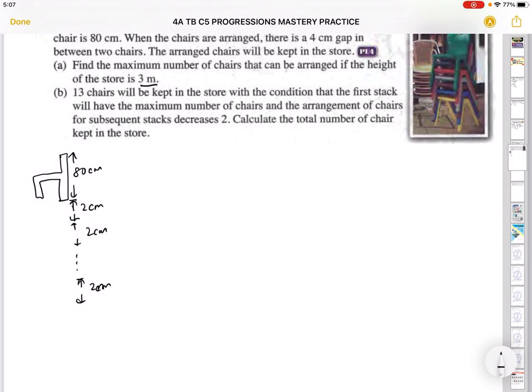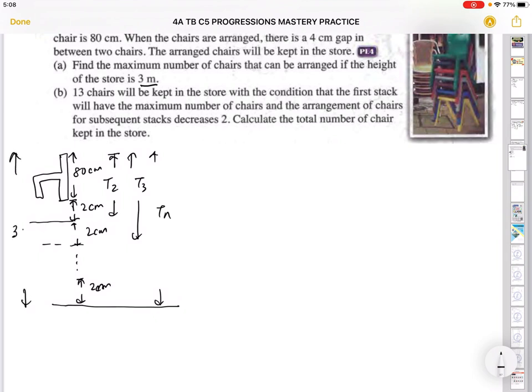You see, this is T2. Sorry, I wrote T4, T2. T2 means I can store up to 2 chairs here. T3 is up to here. I can store up to 3 chairs. If you can store up to all the way until the end here, this is the end, and this is the maximum height, which is 3 meters.